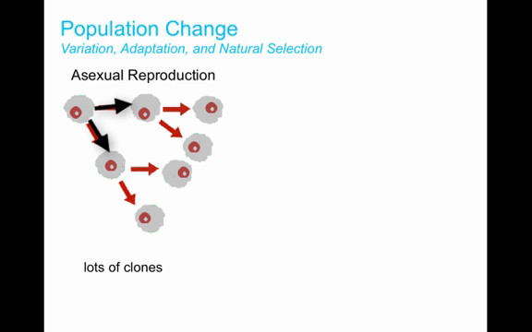This process can happen over and over again until a few generations later we have hundreds or even thousands of exact copies of the original parent. And because those offspring are identical to their parents, we call them clones. They should share all of their traits, all their variations with their parents.